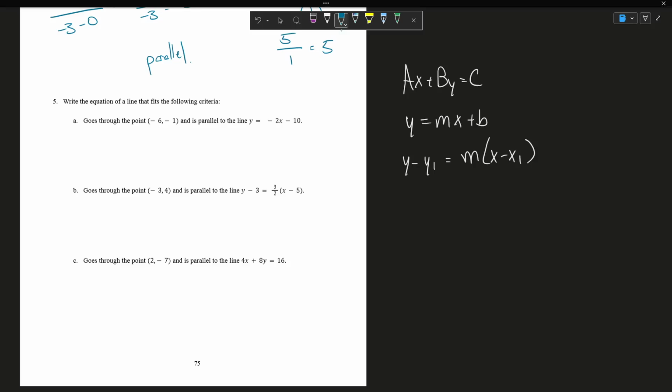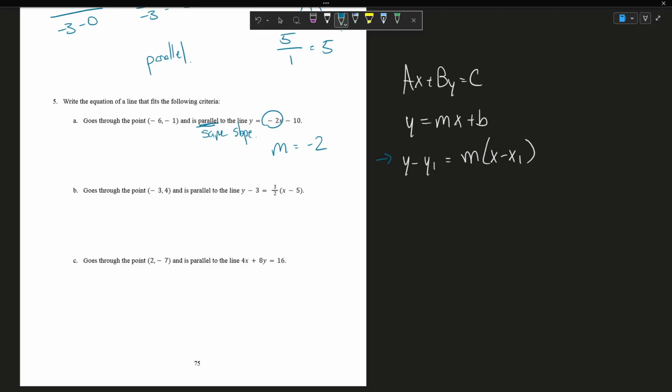So we have a point that automatically points to point slope form, and it's parallel to the line here. So parallel means we need the same slope. So the slope must be -2. And the point, it must hit this point. So that immediately points to point slope form.